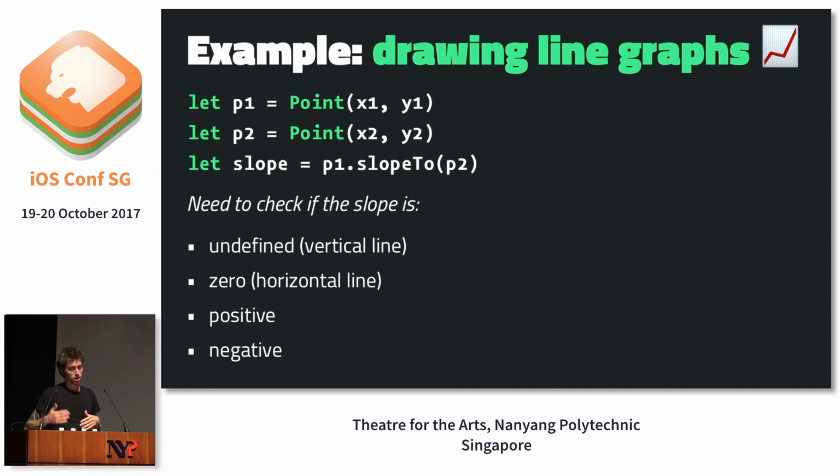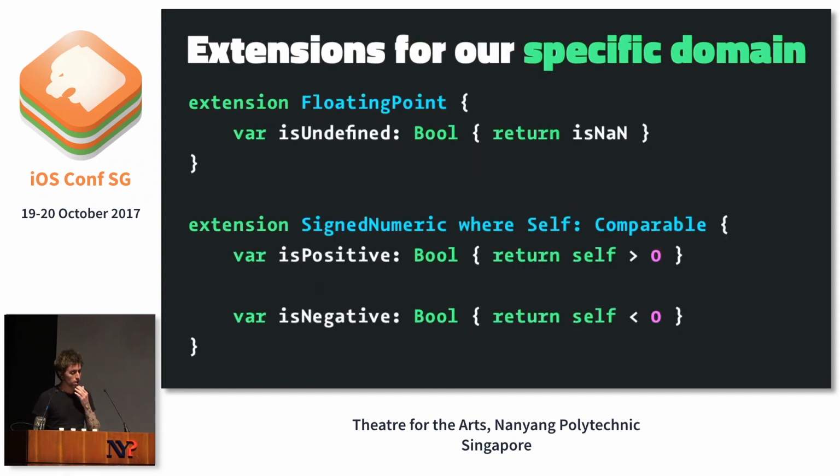Maybe you're making a stocks app and you want to show the price over time, or you're making a pedometer app because we don't have enough of those. Then let's say we have our points, we calculate the slope, and the slope has 4 cases, right? It can be undefined if it's a vertical line, it can be flat or positive or negative.